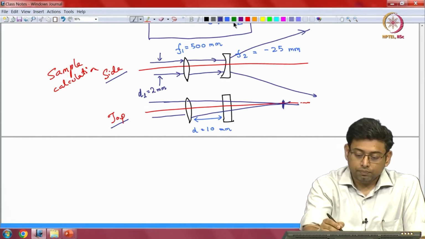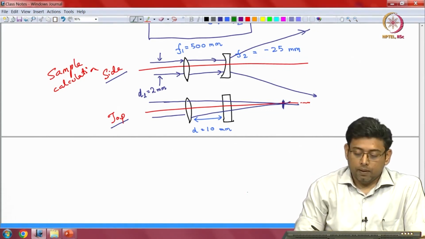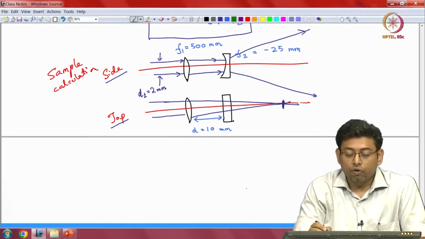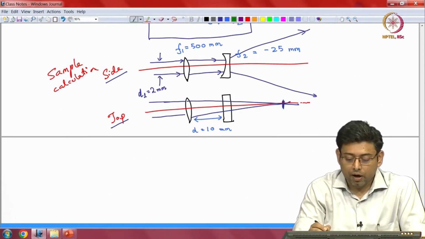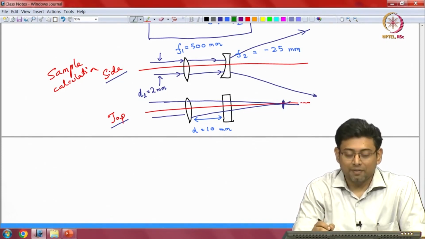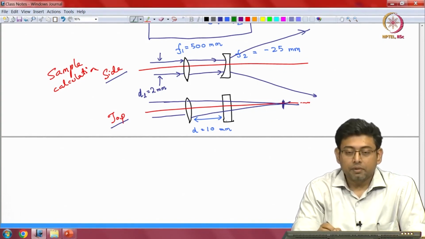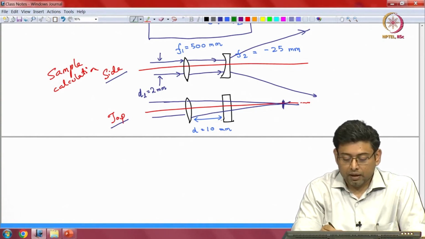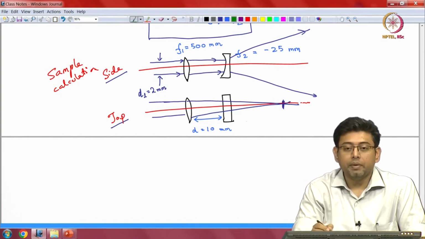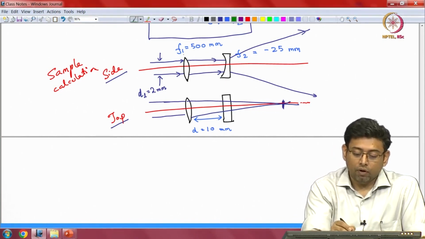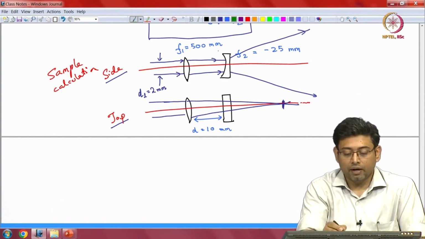Before I start off with the solution, one thing I would like to point out, and Abhinit was good enough to point out to me last time, is that this diagram is severely exaggerated. In the diagram at the bottom, I am giving the distance d as 10 millimeters, whereas the focal length of the first spherical lens is 500 mm.